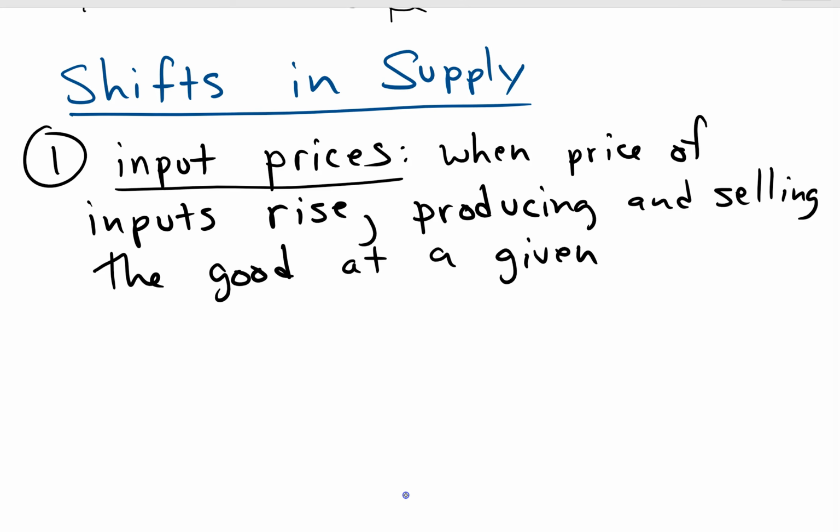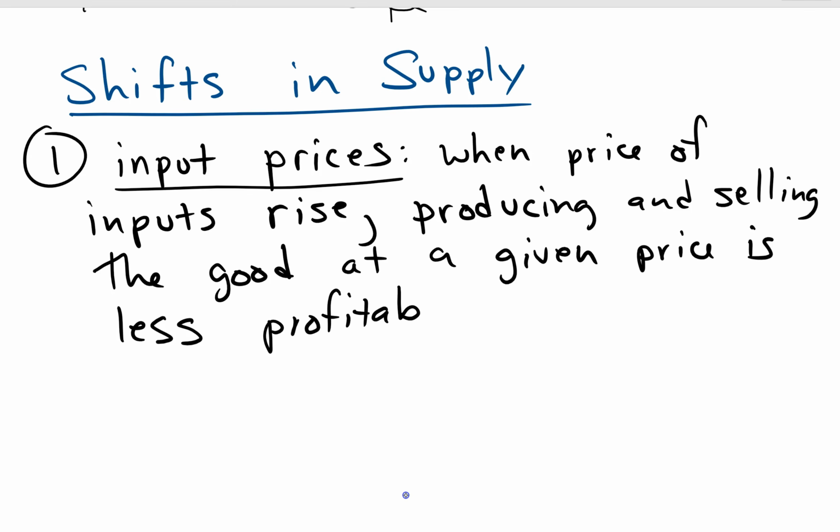So firms want to do less of it. Okay, that's the idea. If you think of any specific price, and then you think of the firm's costs going up because their inputs go up, well, now they're making less profit, so they want to do less of it, right? So they're less interested in selling this thing. So firms will supply less.